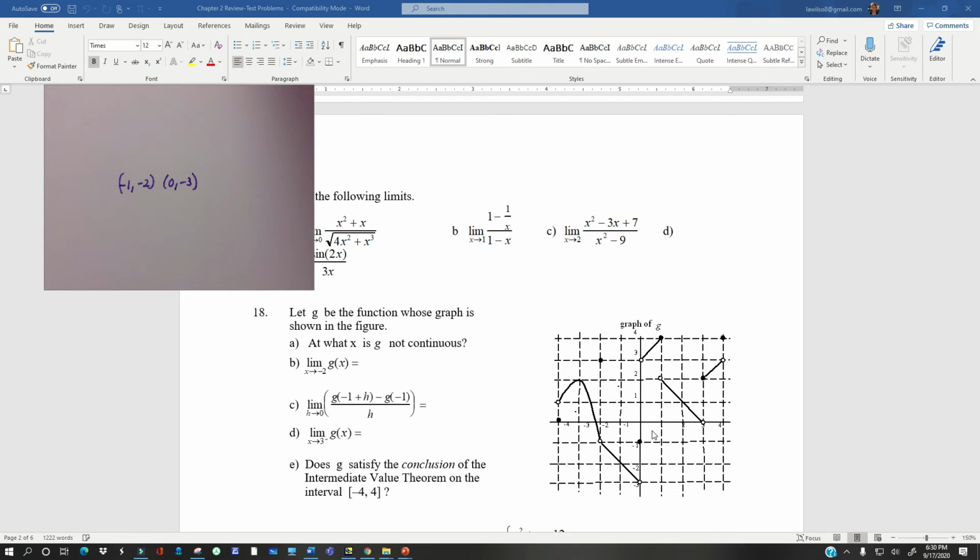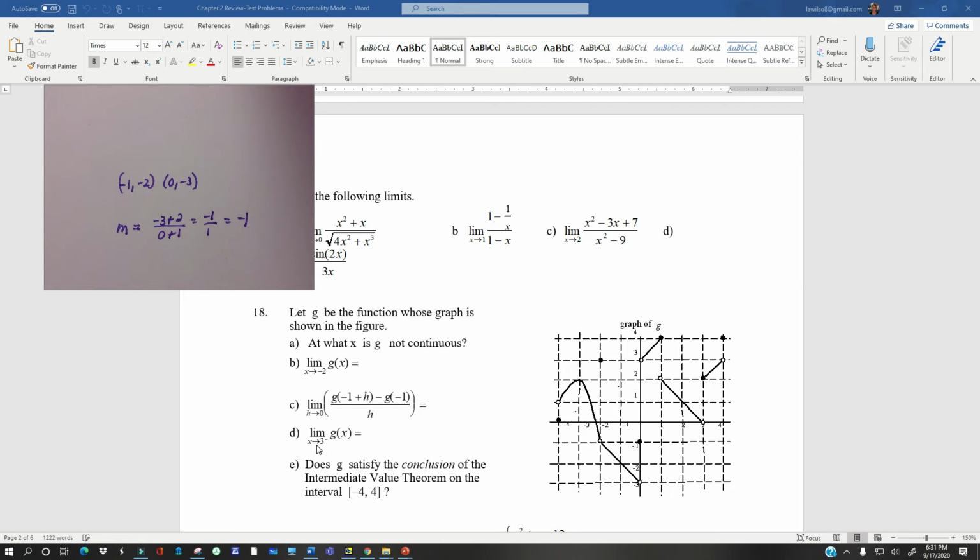It's okay. And so the slope is going to be -3 minus -2 over 0 minus -1, which is -1 over 1 or -1. So the slope of this line is a beautiful, perfect -1. You probably could have eyeballed that and got that right.